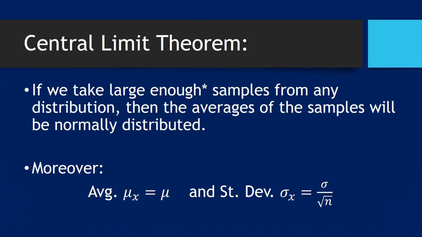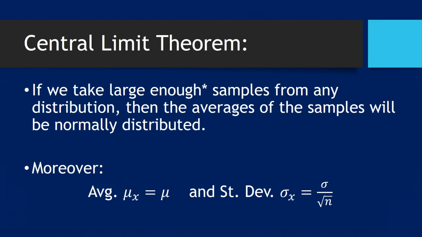Hopefully that makes sense. So we're saying while I won't be able to necessarily find the probability that one individual is between two values, I might be able to use the normal distribution to find if a group of 50 people have an average between those two values.